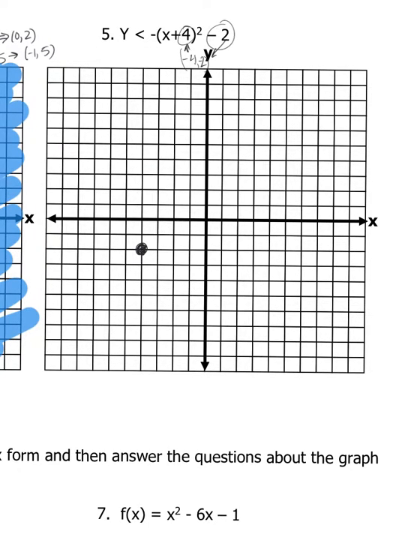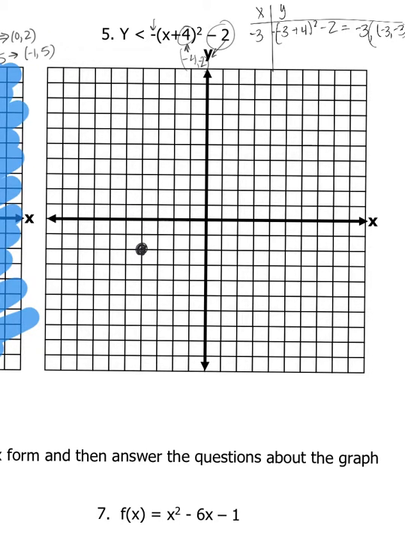Let's try to plug in points that are around the vertex. So maybe -3 and -2, and see where my graph is at those points. Here's my little XY table. If I plug in -3, there's a negative out front. I can't forget that guy. Negative quantity -3 plus 4 squared, minus 2. That will give me a -3 as well, so that means I plugged in -3 and I got -3.